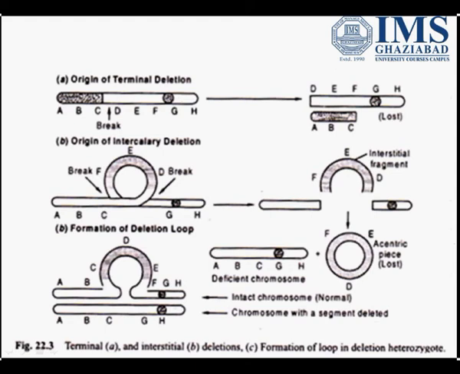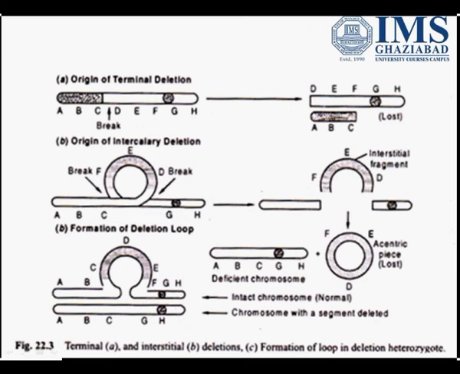This is the normal chromosome. The normal chromosome will try to pair with the deleted chromosome, the chromosome with the segment deleted, and that particular portion of the normal chromosome will form a loop. That portion is not finding homology with the deleted portion, so it forms the loop.